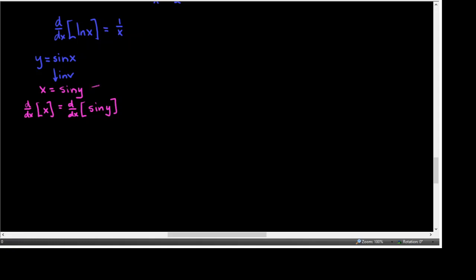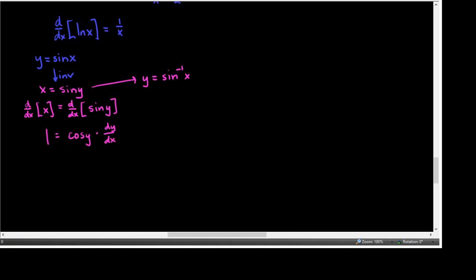Keep in mind that if we solve this for y, we would get sine inverse of x, as we did above. So the derivative of x with respect to x is 1. The derivative of the sine of something is the cosine of that something times the derivative of that something, because of the chain rule.